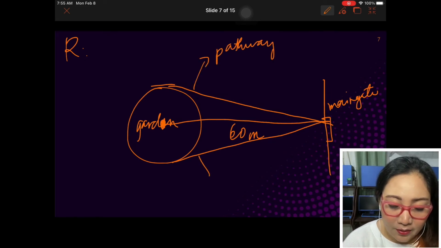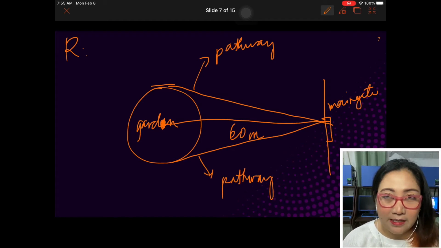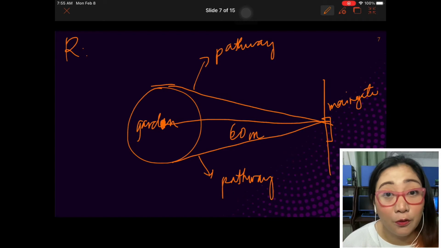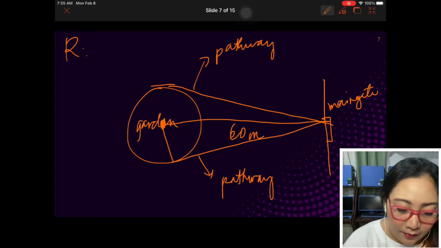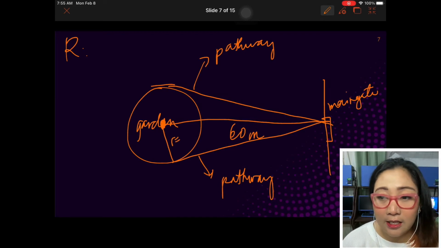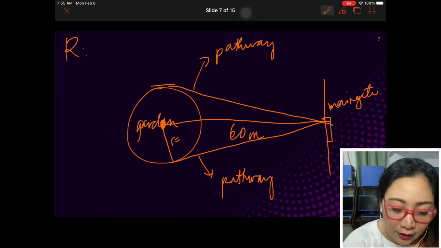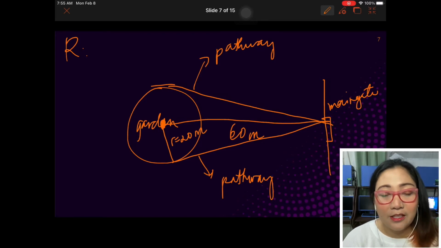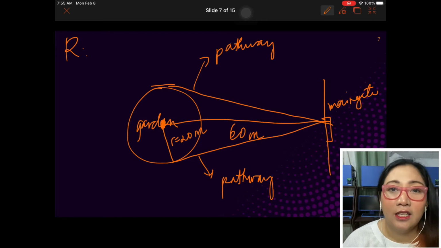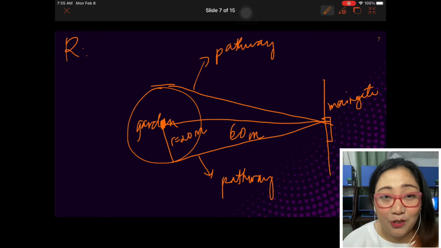Tapos ito, pathway din. May dalawang pathway daw. Tapos, ano pa yung binigay sa atin na information? We also have yung radius. Okay? Ano daw yung radius ng ating circular garden? 20 meters.